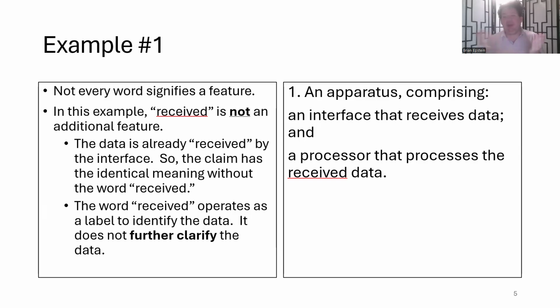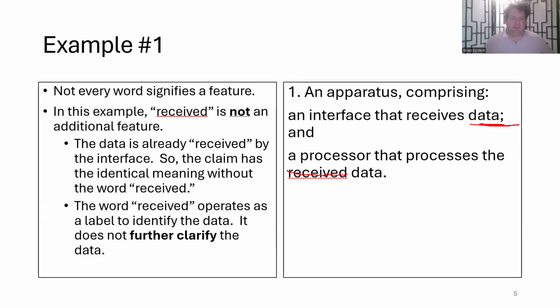And this is completely consistent with that definition, right? Received is not an additional feature. Why? So the data here is already received by the interface at the top of the claim. So the claim has the identical meaning, not just similar, the identical meaning without the word received here.